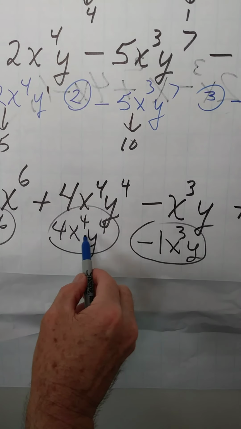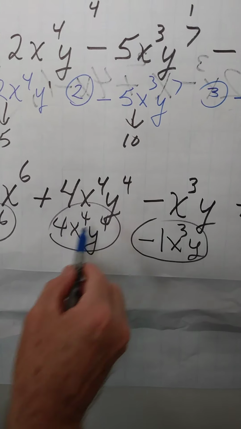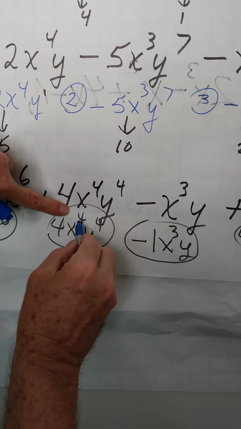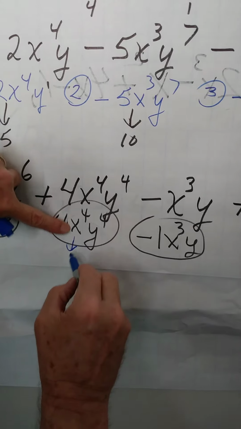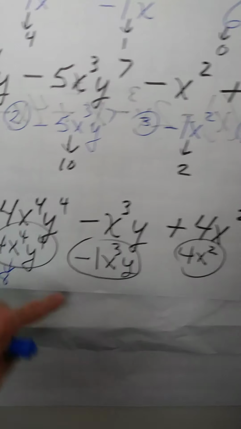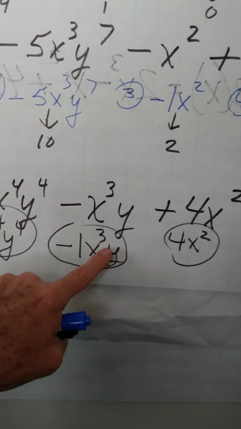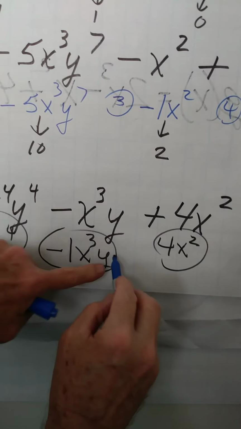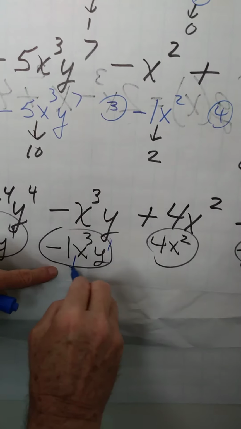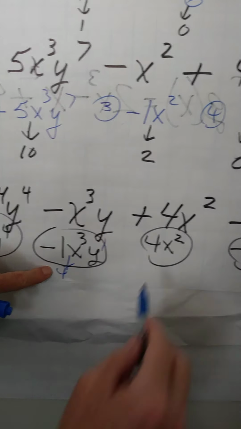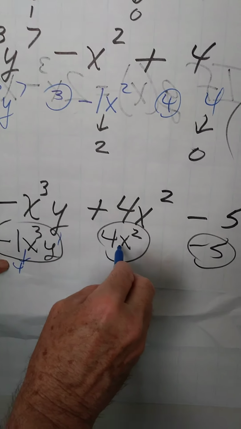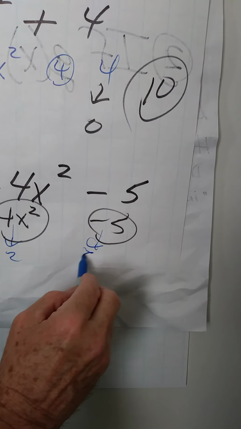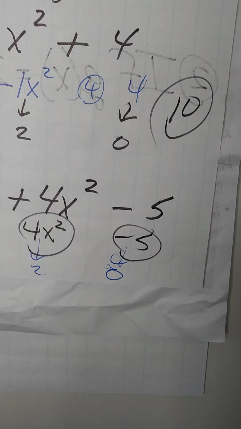So if there's more than one, you're going to have to add the exponents together first of just those variables. 4 plus 4, that degree is 8. This one, it has 2 variables. We're going to have to add the exponents together. 3 plus an implied 1, that degree is 4. This one, only one variable, therefore its degree is 2. This one, there aren't any letters, it's a degree of 0.